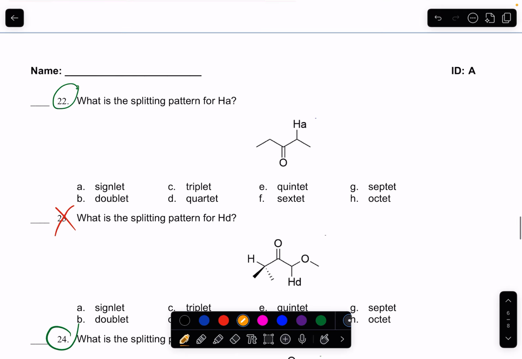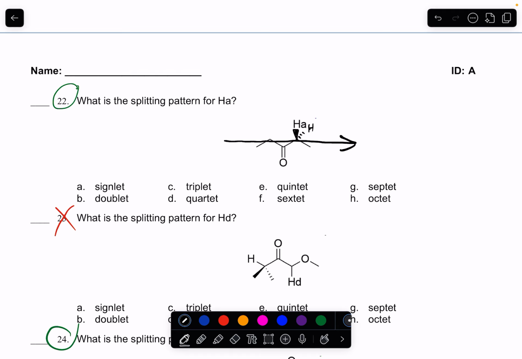What is the splitting pattern for HA? Okay, so let's put this as a wedge. Let's put this as a dash. Okay, so we could do the replacement theory, but also, is there a bit of symmetry here? There is indeed. If you look down in plane, there's symmetry right here.